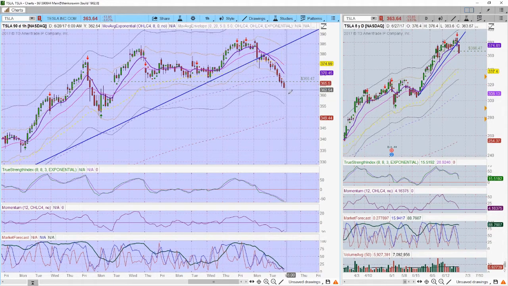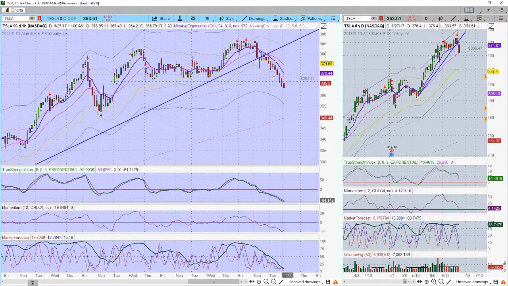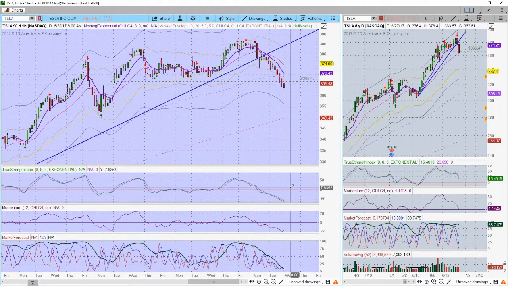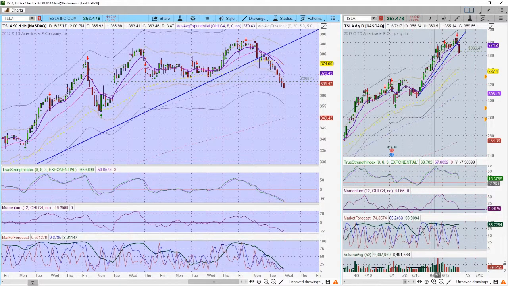But as we can see, price is continuing to fall. I got an email earlier today asking, would you take a trade off the TSI if you get a tick up? My reference to that was, it's going to depend on what I'm seeing over here on the daily chart, where we are approaching a level of support at the 20-day moving average.